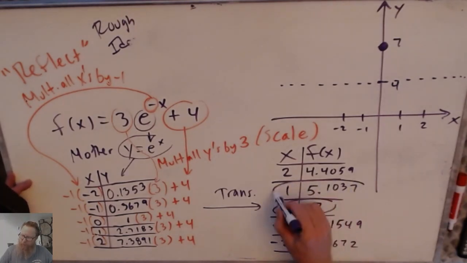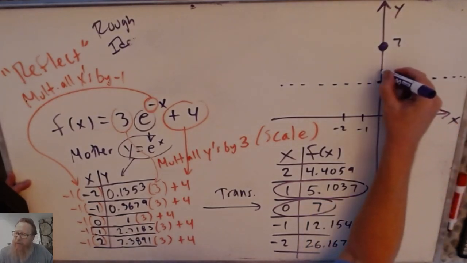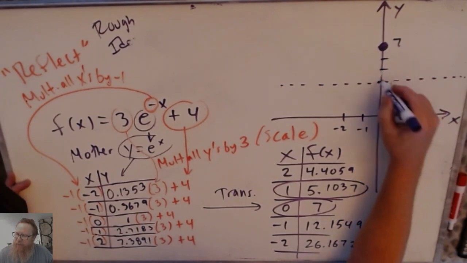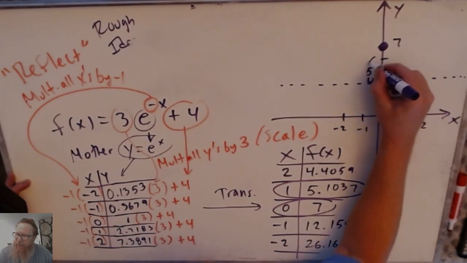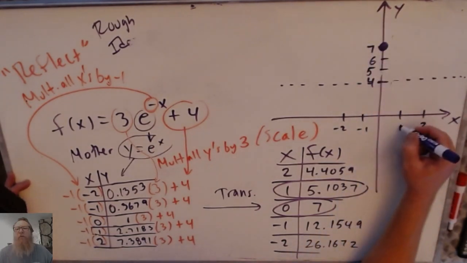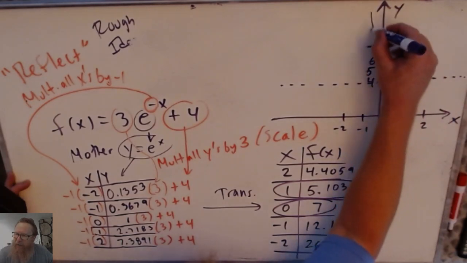How about this one right here? 5.1. So right about here. So that's 4, 5, 6. Let me label everything. There's 4, there's 5, there's 6, there's 7. So I need to go over 1 and up just a little bit more than 5.